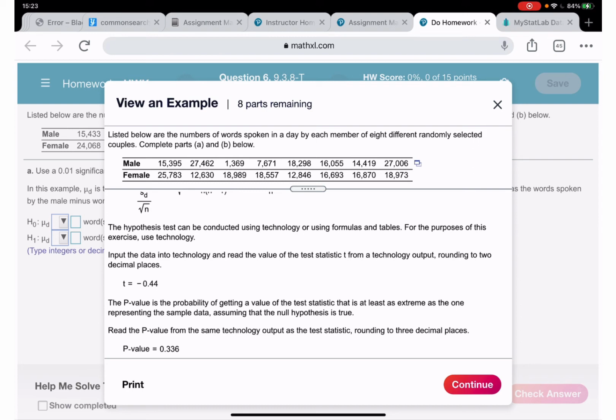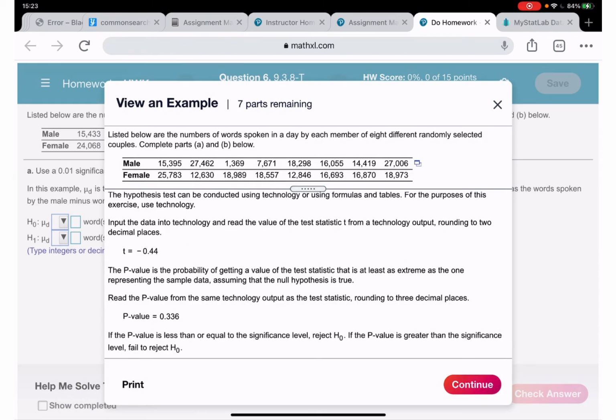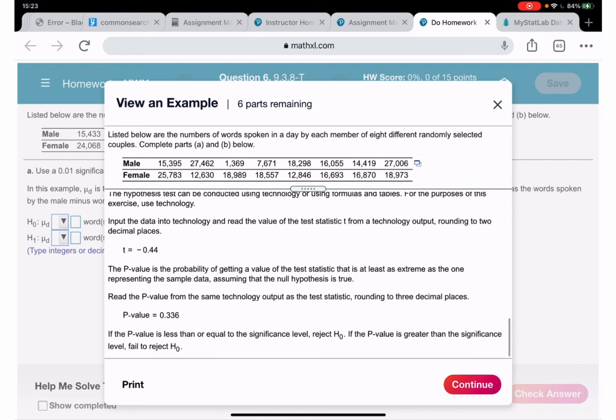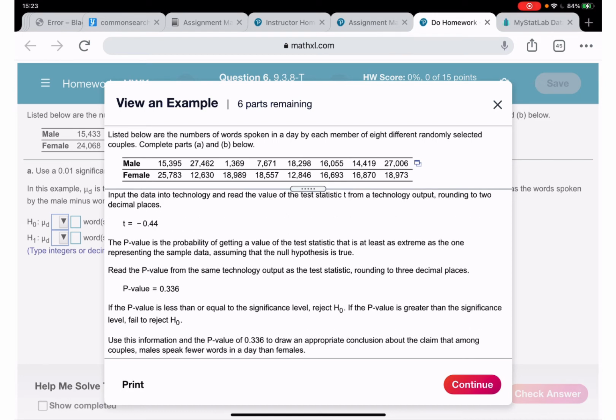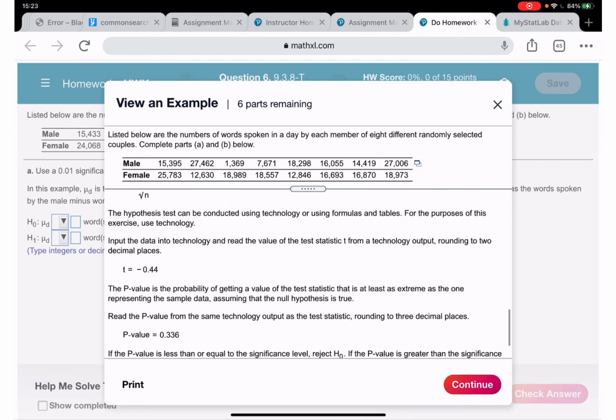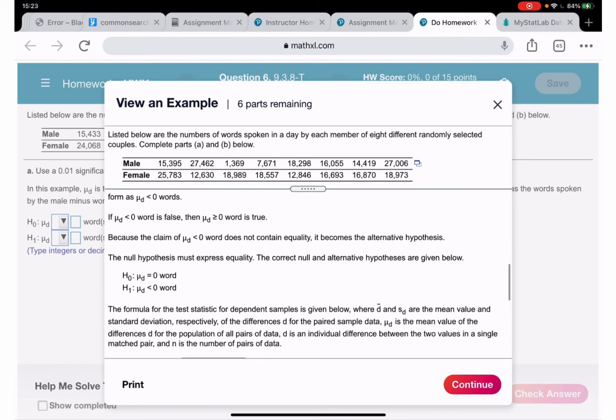Okay, so next we need to compare our p-value to the significance level, and our significance level was how much?